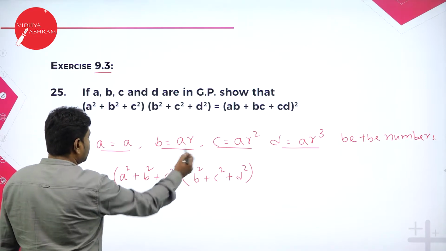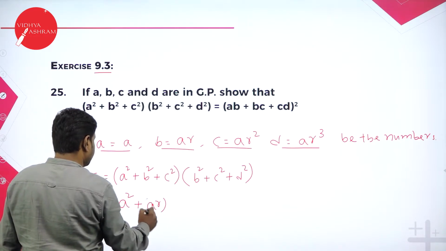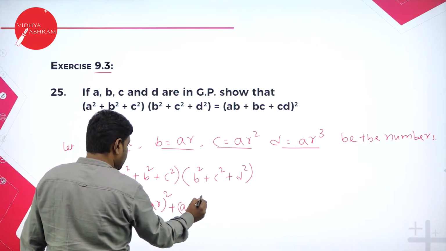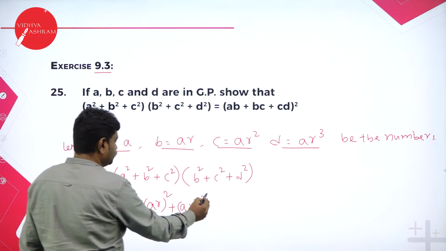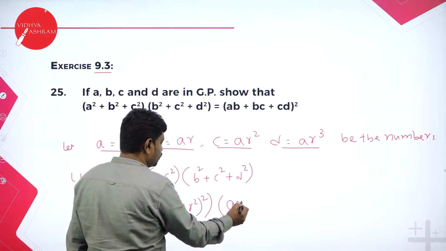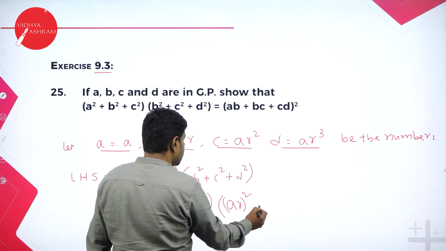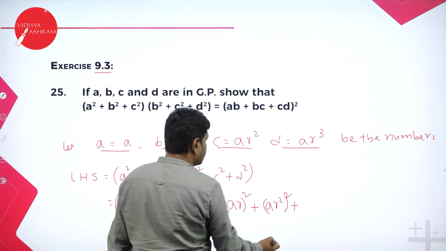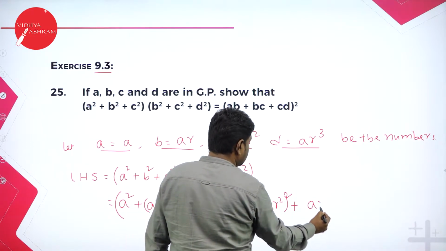B is what? AR the whole square. C is AR square. C square means AR square the whole square into B square. B, what is B? AR. I'm substituting. B square means AR the whole square. C square means AR square the whole square. D square means AR cube the whole square.